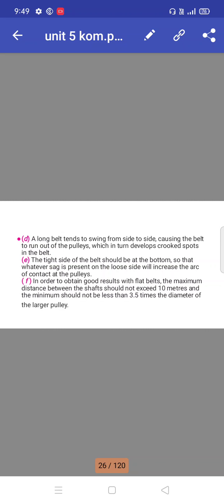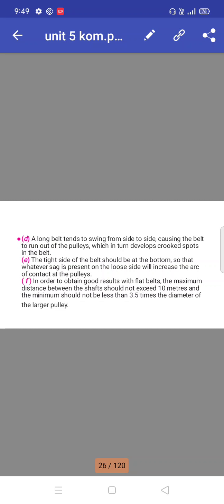A long belt tends to swing from side to side, causing the belt to run out of the pulleys, which in turn develops crooked spots in the belt. The tight side of the belt should be at the bottom so that whatever sag is present on the loose side will increase the arc of contact at the pulleys.